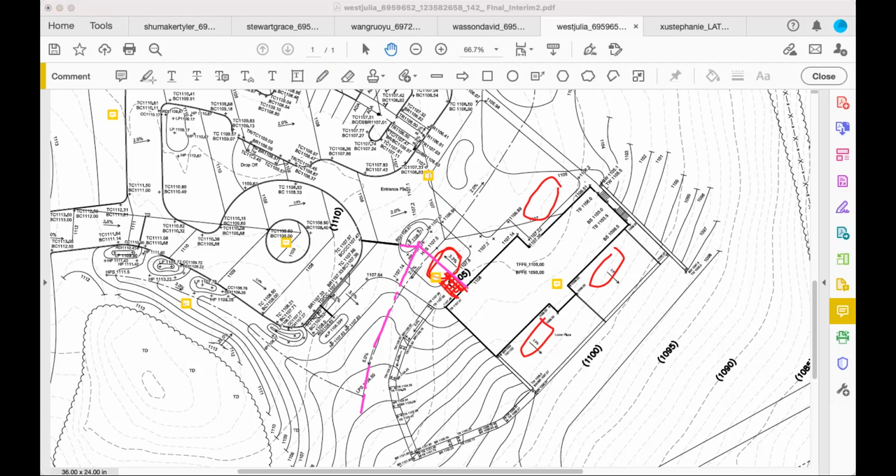Better make it straight. Mirror that one.